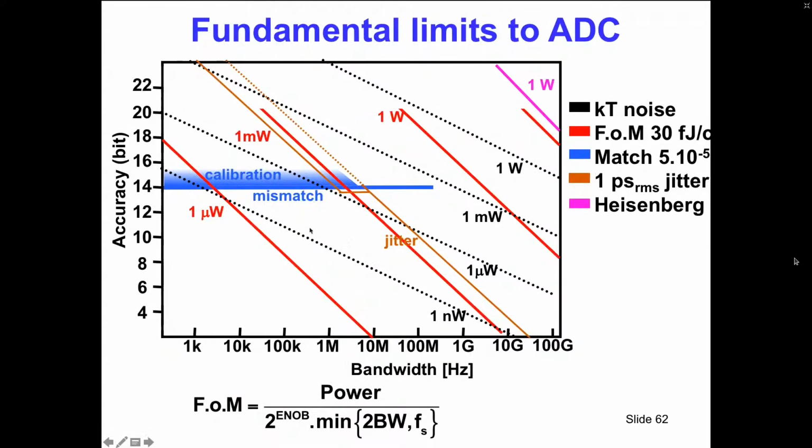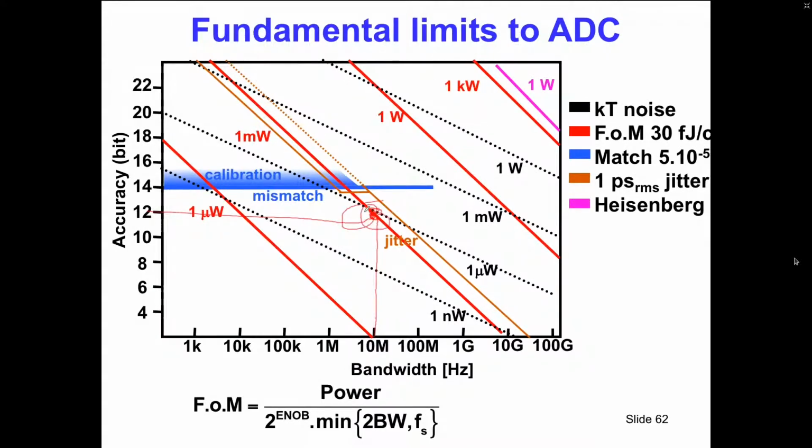These red lines are based on the Walden figure of merit, and you can easily see that if I want to build a 10 megahertz 12-bit A to D converter, then Walden tells me that it will take practically a milliwatt to design that. From a thermal noise perspective, I would need only a microwatt.